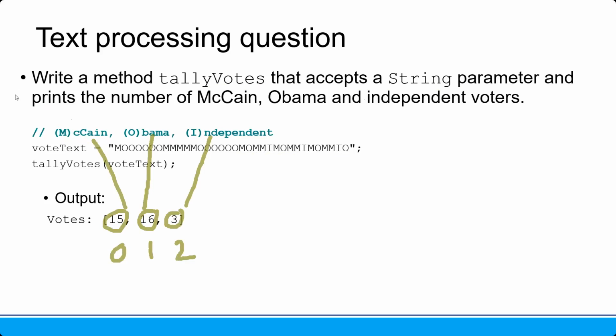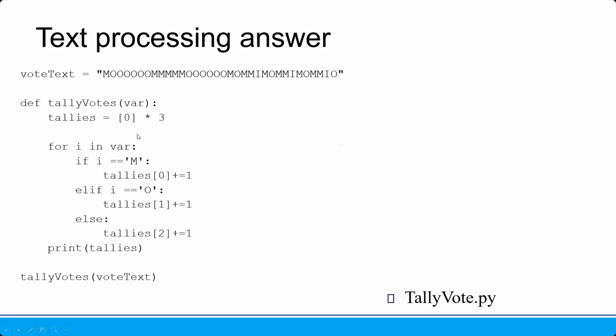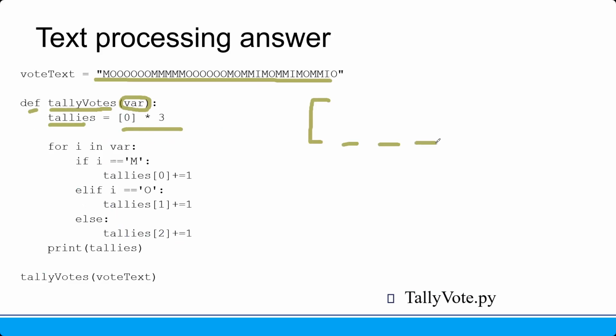Now I have the string, and let's make a function tally votes with the string. I will make the tallies equal to 3 elements. So the index 0 is for the M, the index 1 is for the O, and the index 2 will be for the I.